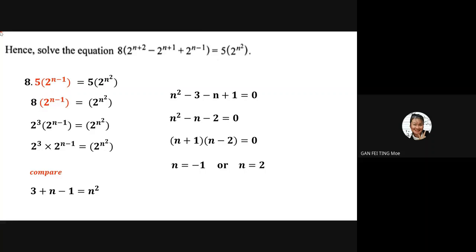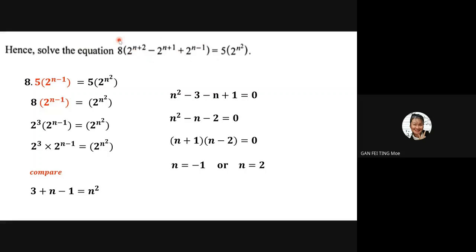Okay, so the first answer here, what's the value? When your n is negative 1, who can respond to me? Anyone? What's the value of this when you sub your n as negative 1 here?